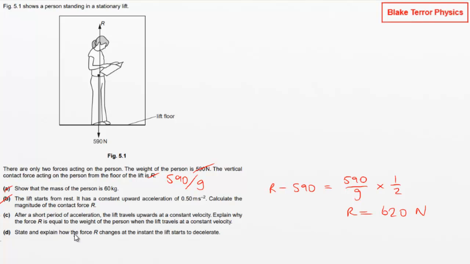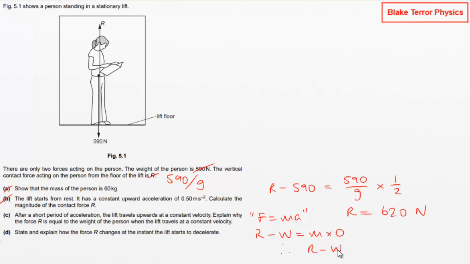After a short period of acceleration, the lift travels upward at a constant velocity. Explain why the force R is equal to the weight of the person if the lift travels at constant velocity. So we're plugging it in really to F equals ma. So we're saying that R minus W equals m times 0.